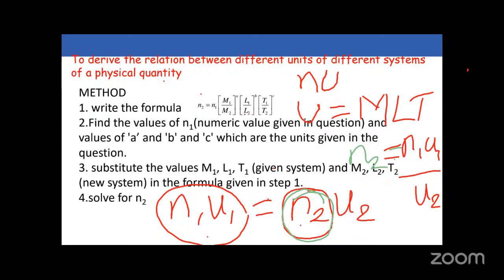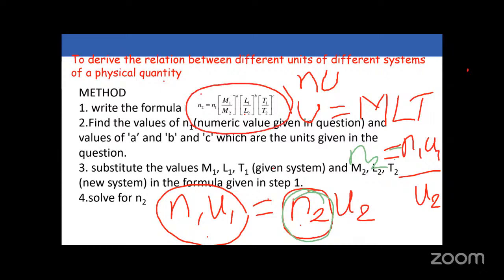Now, our U, which is the unit, in the dimensional formula is MLT. So the MLT will take the nomenclature 1 for the numerator and 2 for the denominator. So that is how this formula came about.